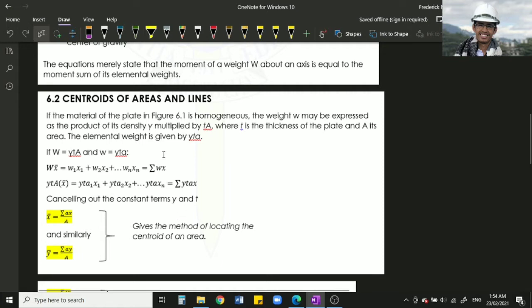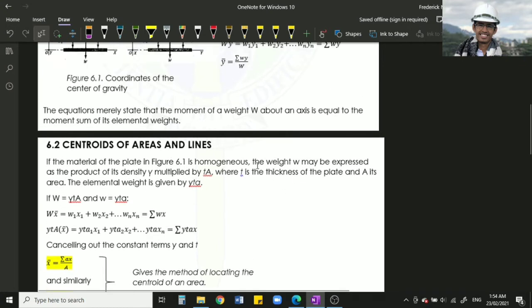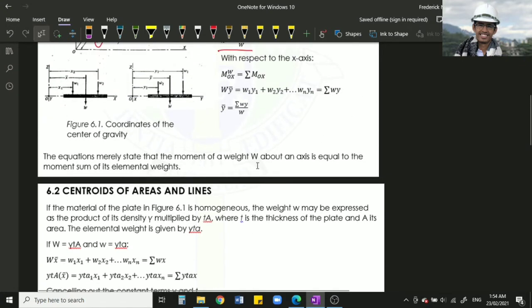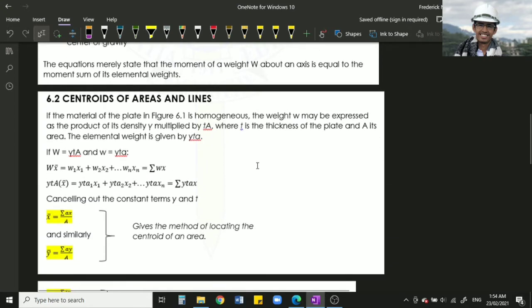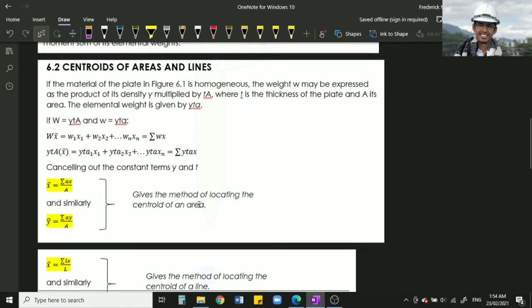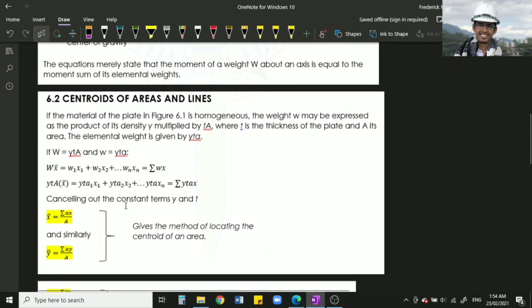Pag sinabi natin homogeneous, ibig sabihin same yung kanyang density and same din yung kanyang thickness. Okay? So same yung density ng ating material, and if it is a plate, same yung thickness niya. So pwede nating i-cancel yun, yung density and yung thickness. Kapag kinancel natin yung density and thickness, yung matitira na lang is yung area.